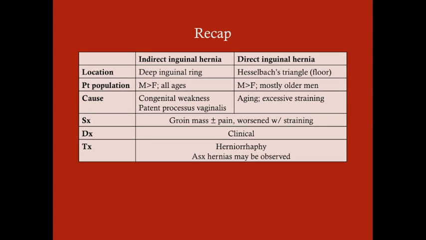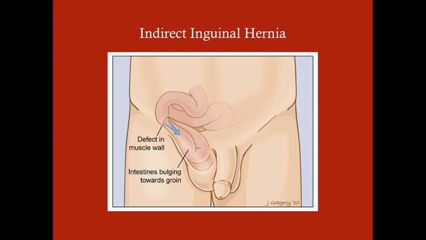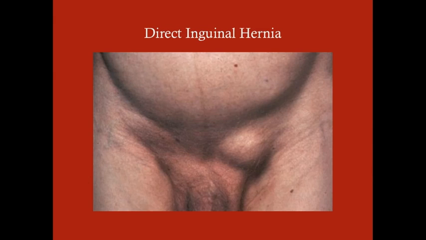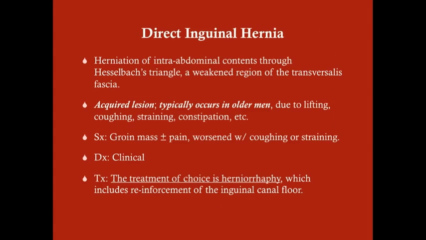There are two things, though, that I wanted to go back and tell you about regarding the indirect versus direct hernia. Look here at the deep inguinal ring where the bowel is coming out, right? And then look here.